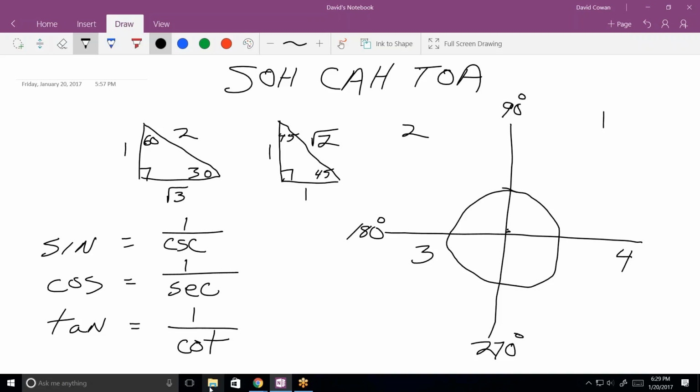What's the sine of 60 degrees? Root 3 over 2. What's the cosecant of 60 degrees? It's the reciprocal of the sine. In other words, yeah, 2 over root 3.